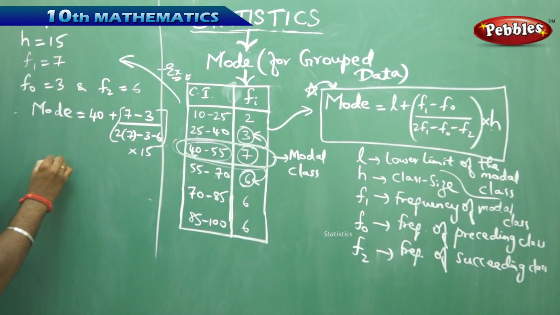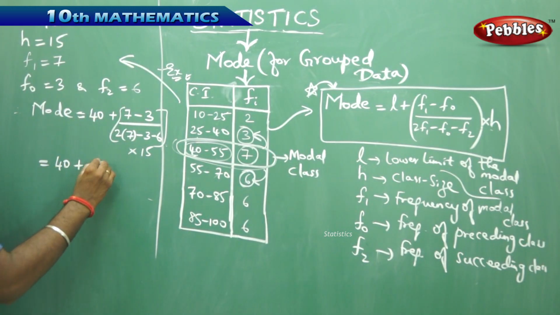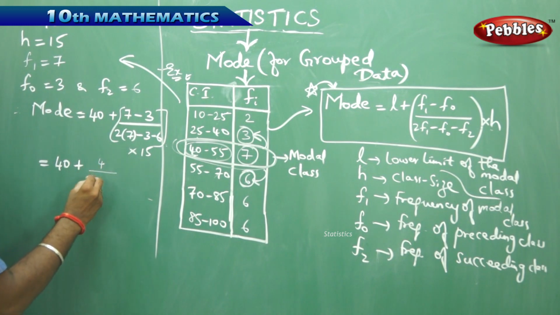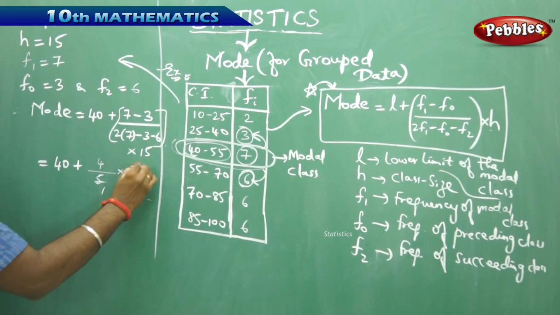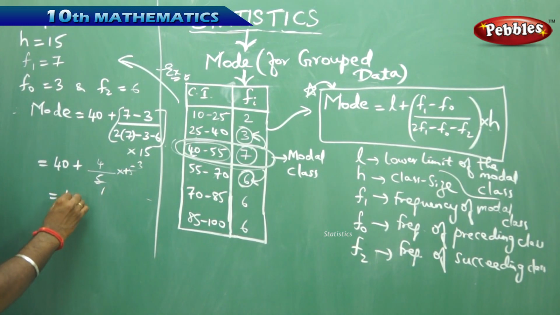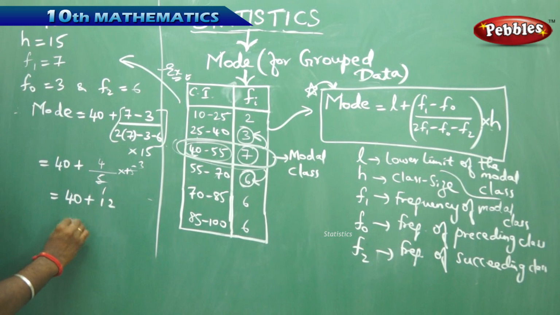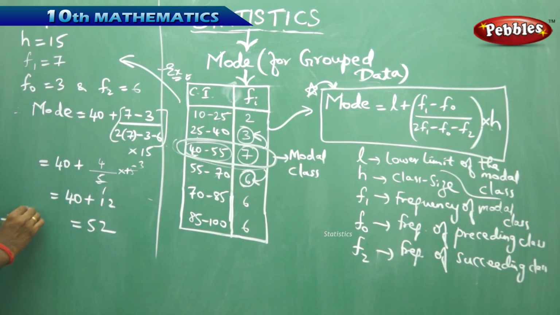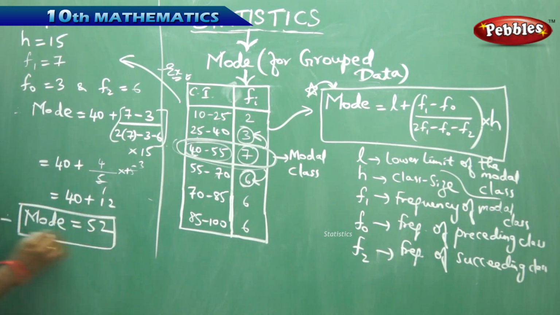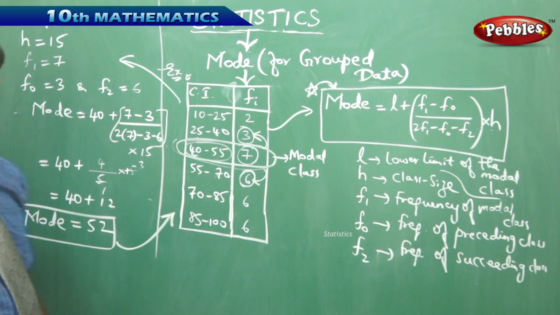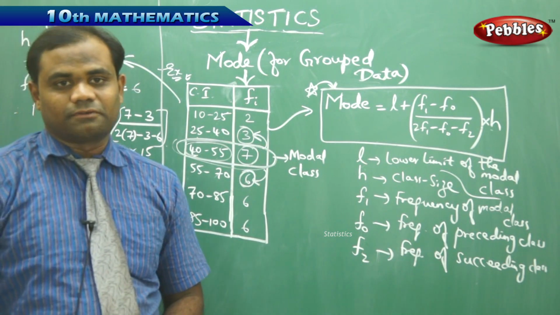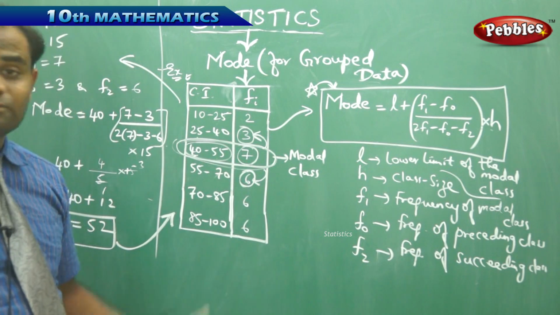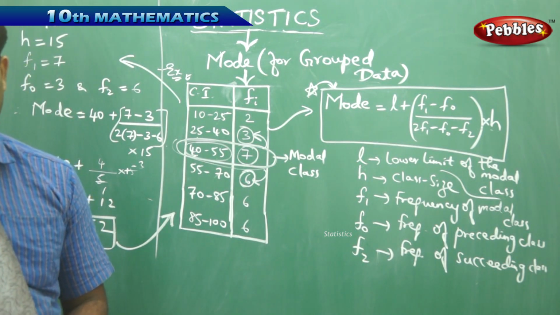When I simplify this, I get 40 plus 7 minus 3, which is 4, and 14 minus 9 is 5, times 15. 5 ones are 5, 5 threes are 15. So this is 40 plus 12, which is 52. Therefore, the mode of the given class interval table or the group data is 52. So we identify the mode of the class to be 52.